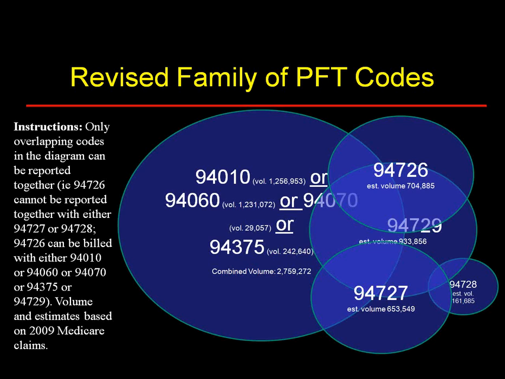The largest is, of course, reflecting all the different spirometry techniques. The smaller ones reflect the lung volume techniques and the diffusing capacity, and the smallest would be the airway resistance.